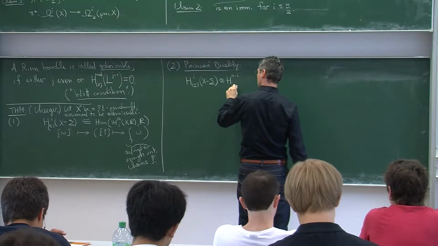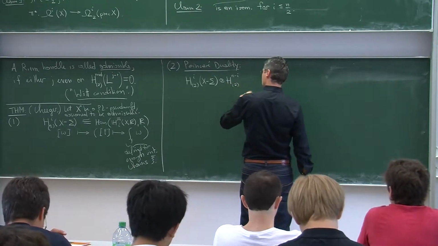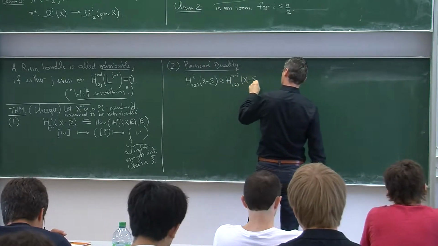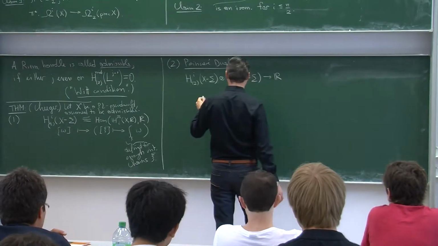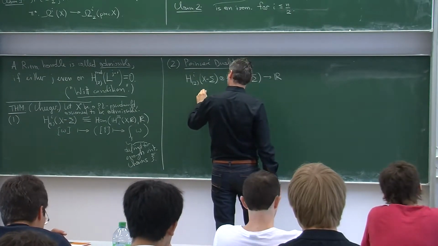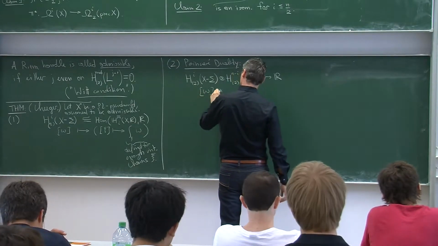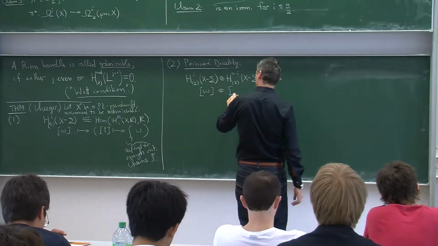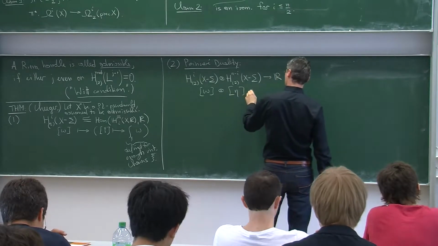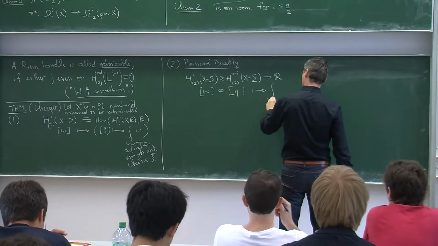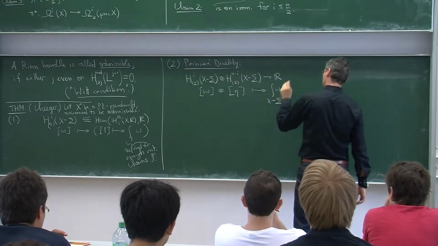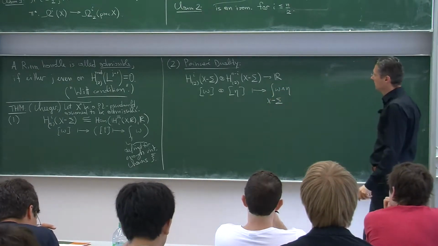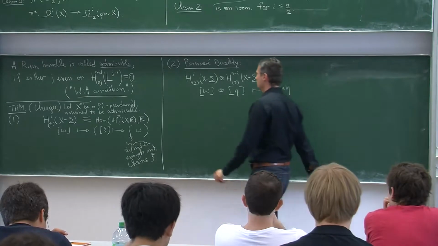You go to the complementary dimension, L2 cohomology, and you create an intersection form, if you will, by taking a form omega and a form eta and integrating over the manifold X minus sigma the wedge product of the two forms. And the statement is this is non-degenerate.